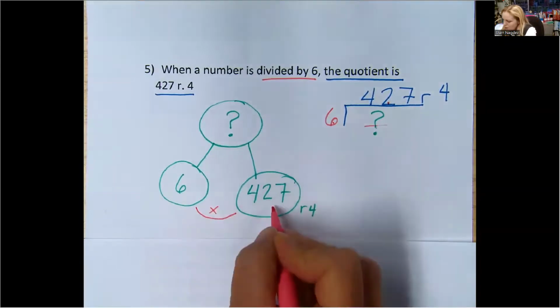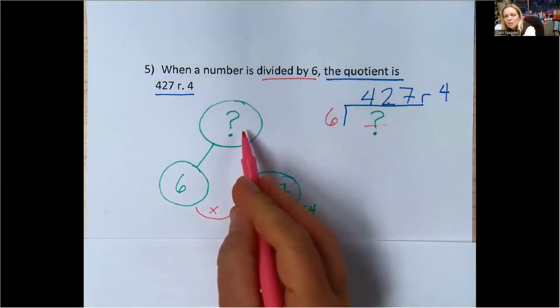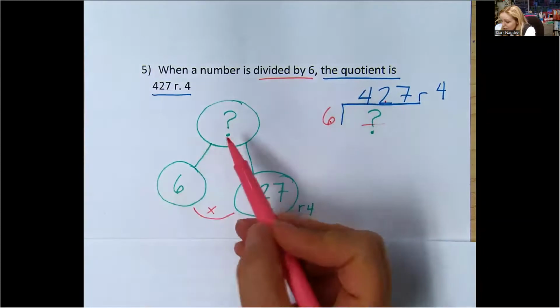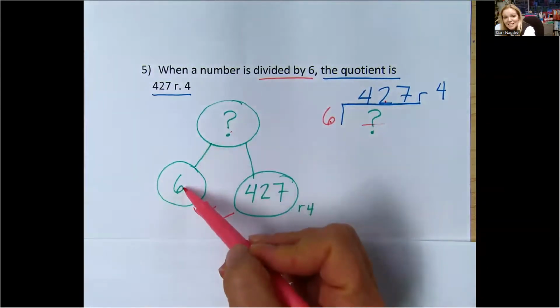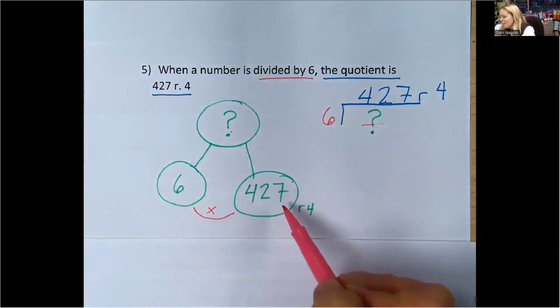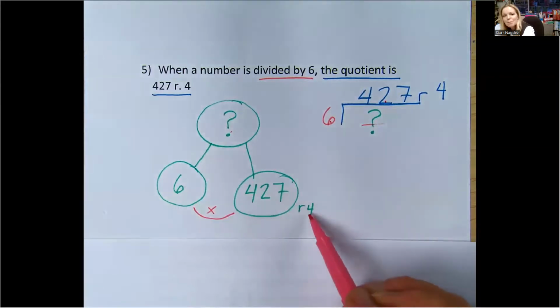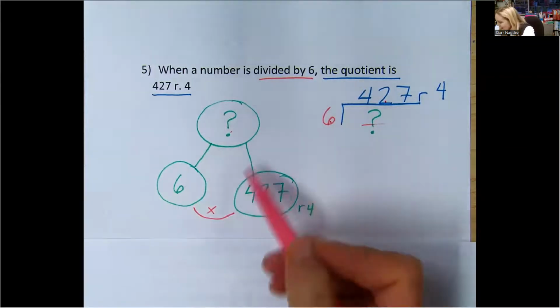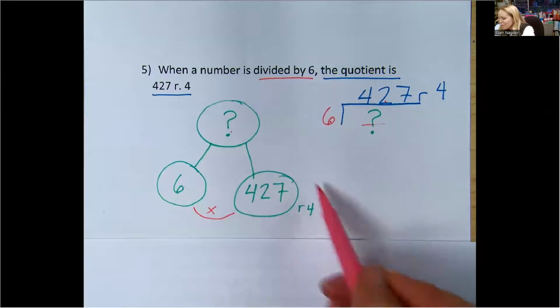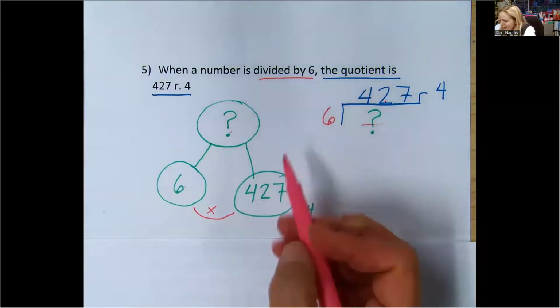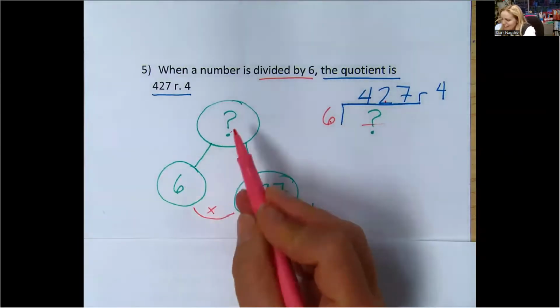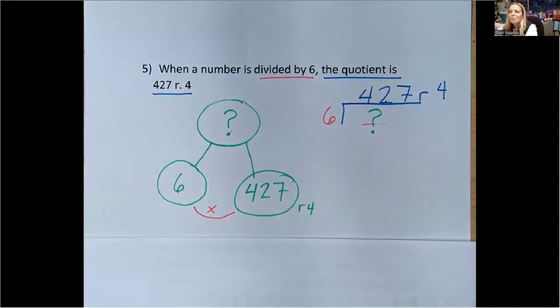We could take our answer and divide it by 6, and we should end up with 427 plus the remainder. I could take the 427 remainder 4 and multiply it by 6 and end up with that answer. Number bond, inverse operations, they work together.